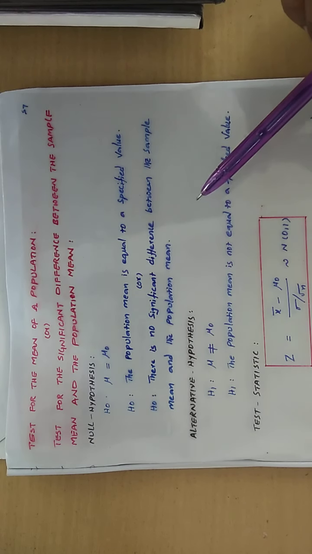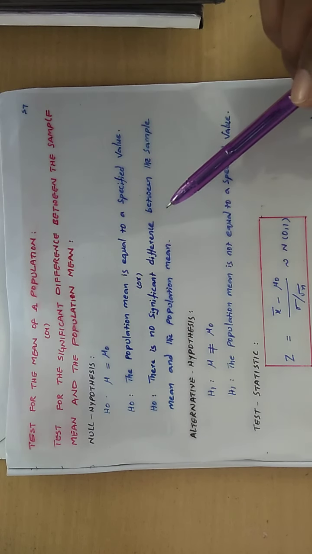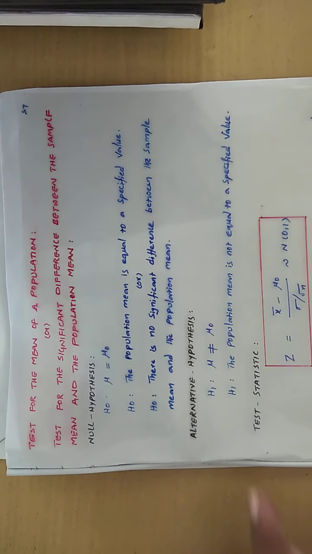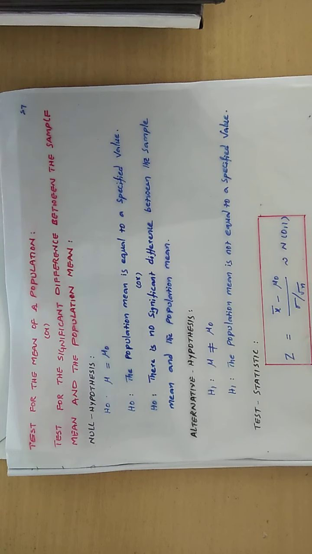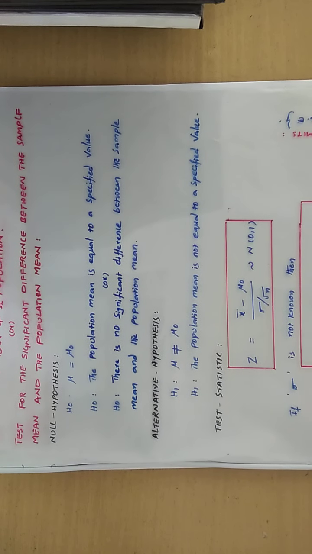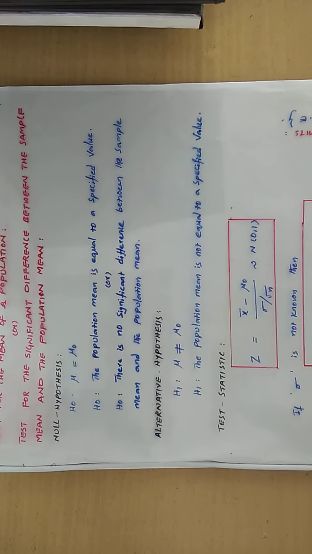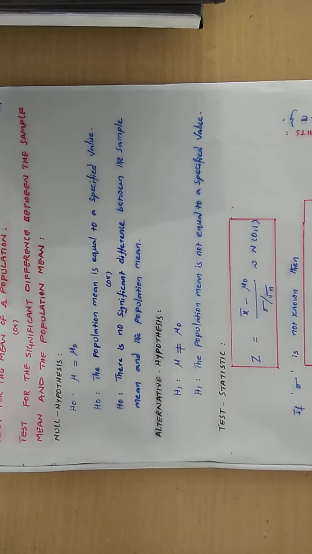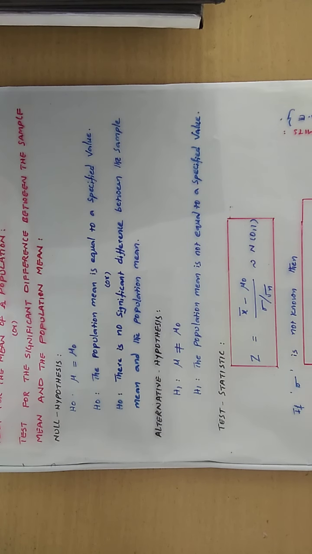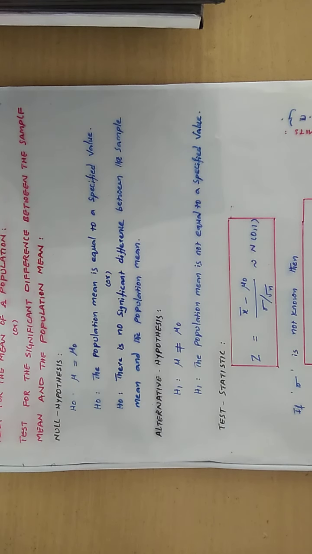Both statements are correct. This is the simple way, this is the extension way. Now the alternate hypothesis. Now this is the test statistic: Z is equal to x bar minus mu naught by sigma by root n, which follows N(0,1).